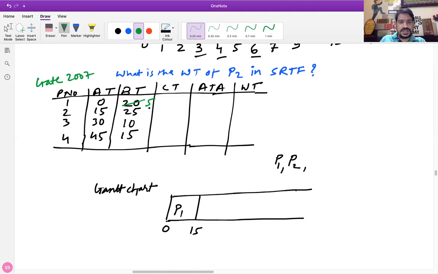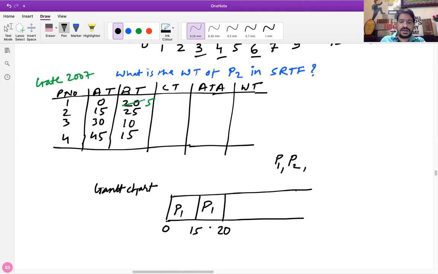So 5 and 25 will be compared, and because 5 is less, we'll go again with P1. We'll not do any context switching and P1 will continue for another, how much time? Because it has only 5 burst time left, it will go up to 5.